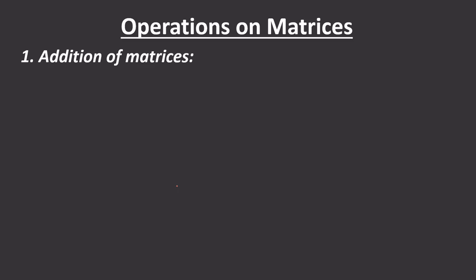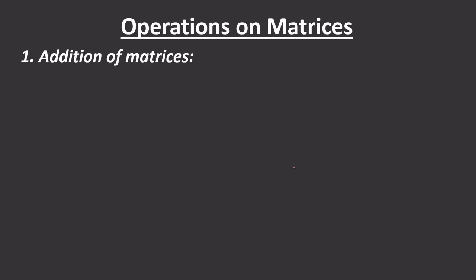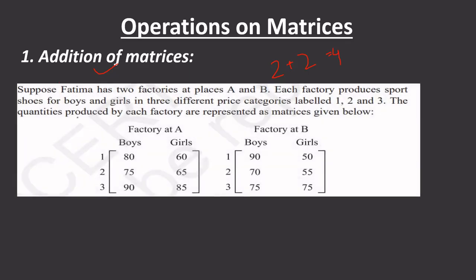Now starting an important concept of matrices, which is the operations on different types of matrices. First, addition. If 2 plus 2, we can say that 2 plus 2 is equal to 4, right? Simple. Example. Now if A and B are different matrices and we add them, what is the significance?